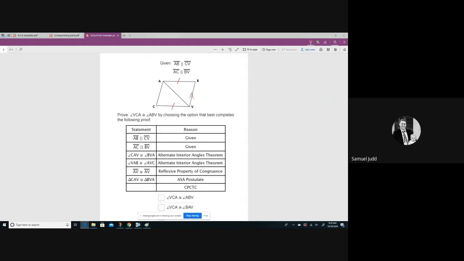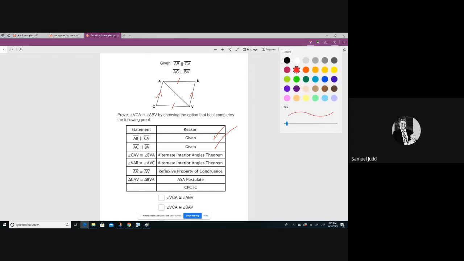Okay, interesting. Let's see what we do. Okay, so first we write down our givens, that's fine. Yeah, we got that. All right, and then we're trying to prove that CAV and BVA are congruent by alternate interior angles. All right, let's go ahead and look at what that looks like.